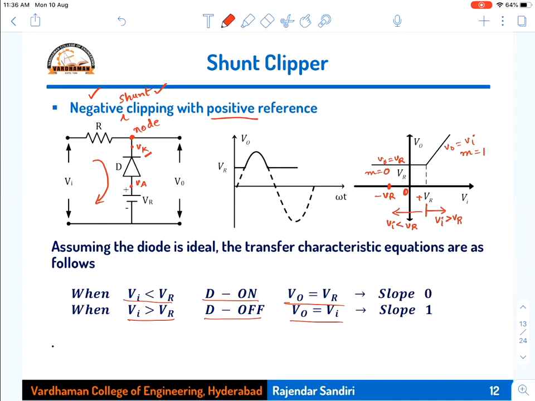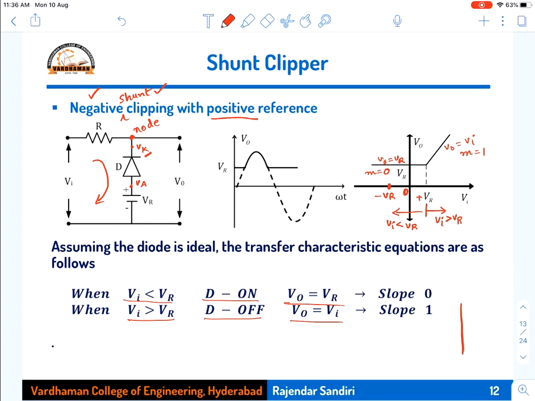So on the x-axis you take Vi, and Vr you have to locate either on the positive x-axis, at the origin, or on the negative x-axis. So you first locate the reference value. Is it 0, plus Vr or minus Vr?